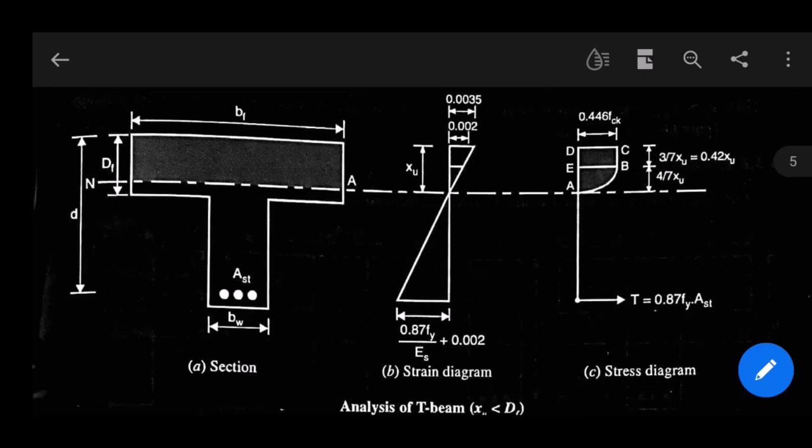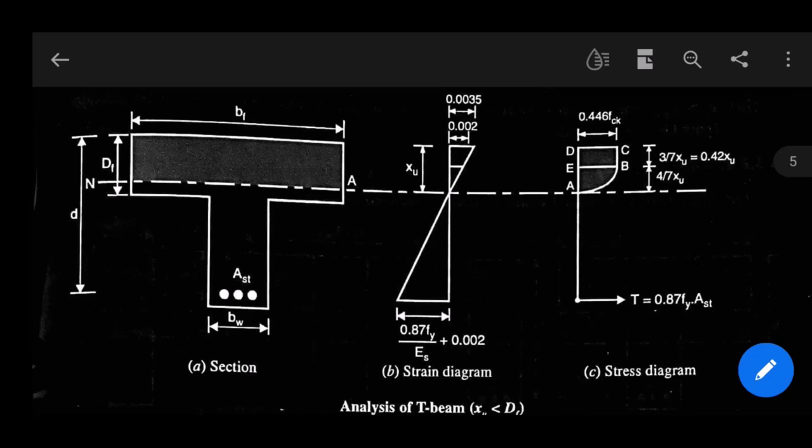This method of analysis is just like a rectangular beam, as you learned in the previous video of single reinforced beam by limit state method. These maximum limit values are known to you if you have seen the previous videos.